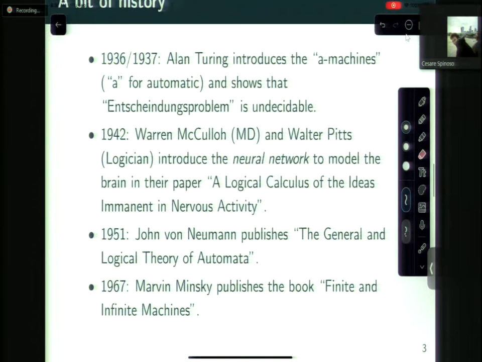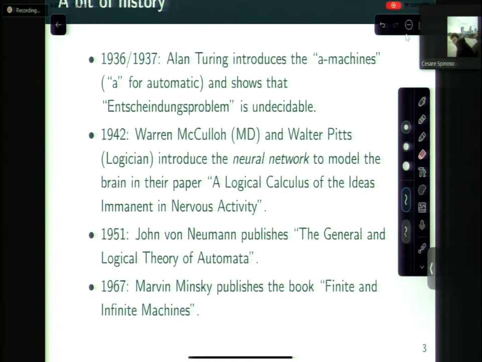So this first point is going to be rather familiar, because we talked about it in lecture 1. So in 1937, Alan Turing introduces the A machines. He introduces these machines in which the A stood for automatic, and he shows that this decision procedure problem, which David Hilbert and Wilhelm Ackermann had introduced in 1928, was undecidable, right?